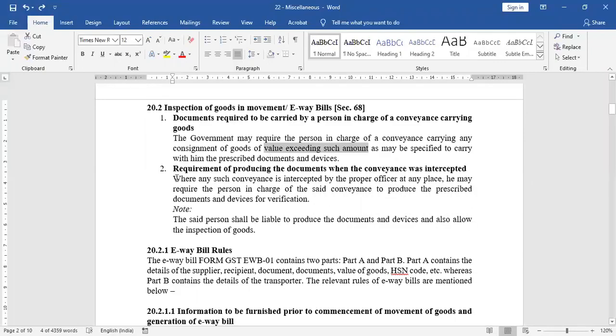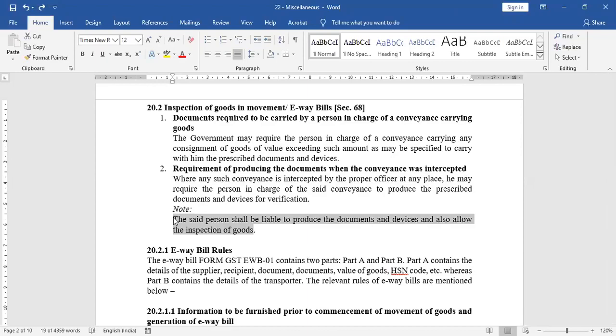Second, whenever that truck or those goods are intercepted by an officer of the GST department, it is the obligation of the truck driver to show those bills. Whenever any conveyance is intercepted by an officer at any place, he can ask the person in charge of the conveyance to show the bills, and the truck driver is liable to produce the documents so that authenticity can be checked.